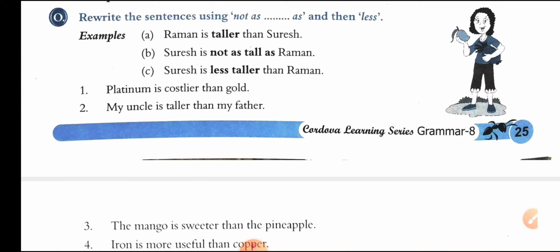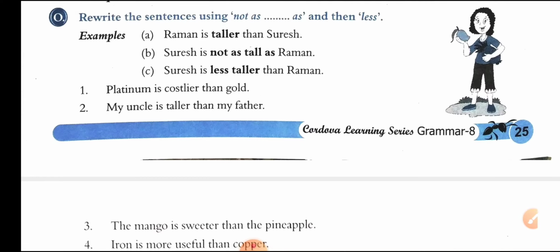Whenever you will do less, you have to use comparative degree. Okay, less costlier. But in the first sentence we have done gold is not as costly as platinum, right? That is the first way.